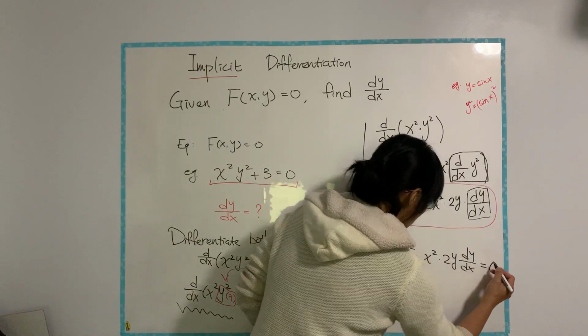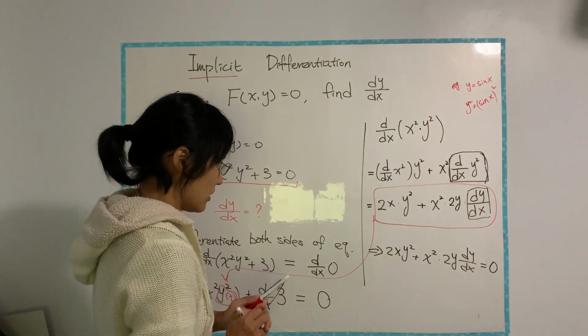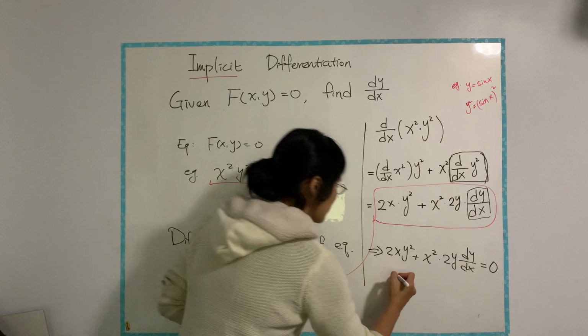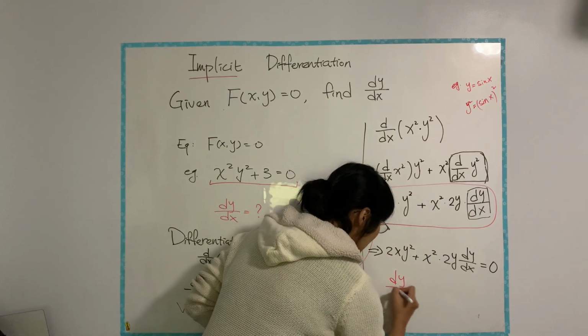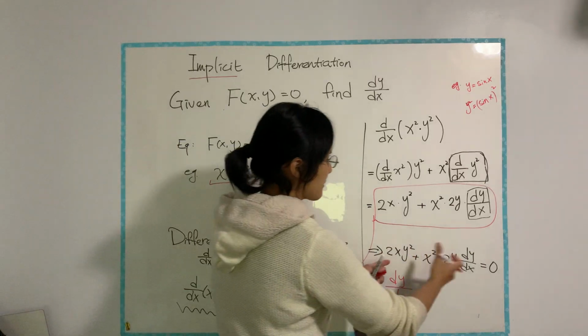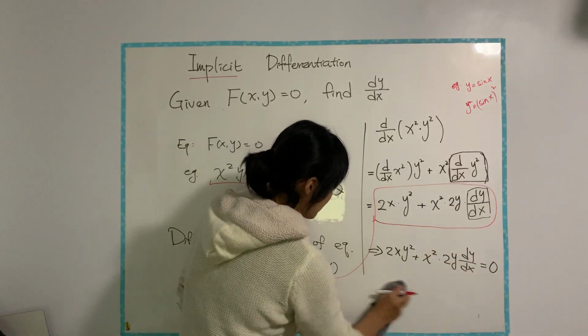So this whole thing equals 0. Okay. Now what I want to do is to keep dy dx on one side and throw everything else to the other side. Okay, so let me do this step by step.